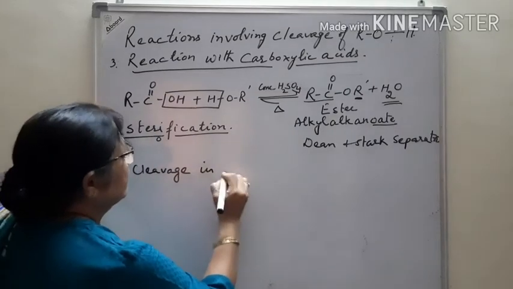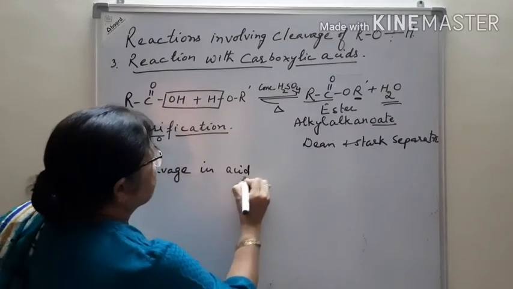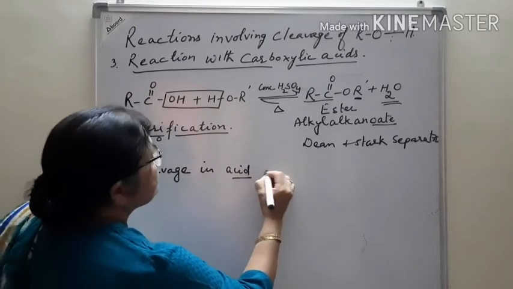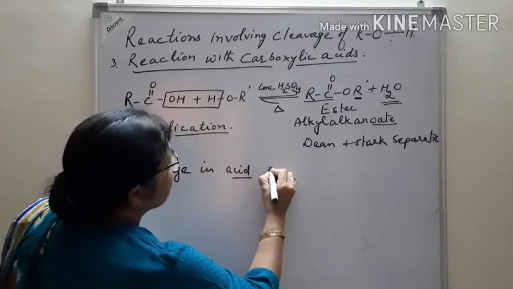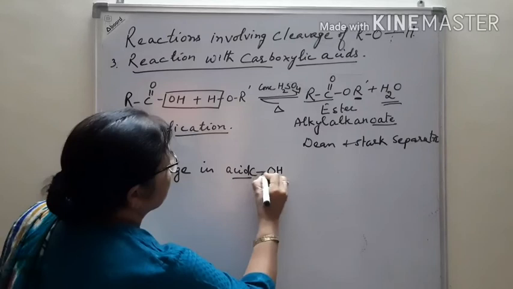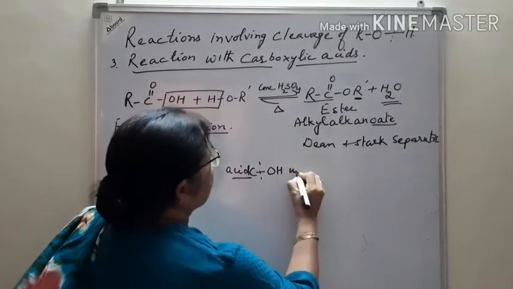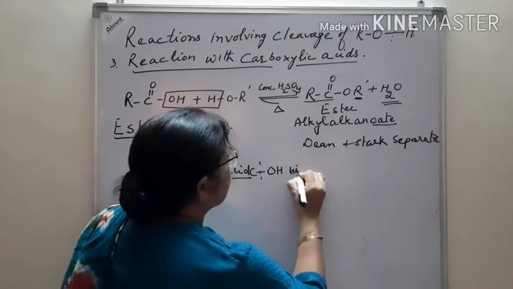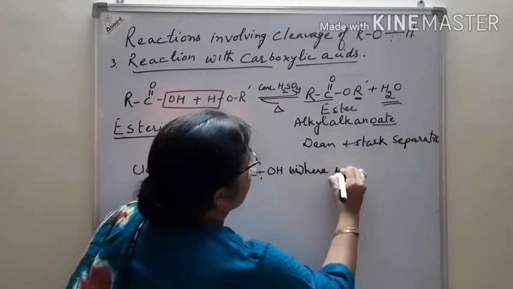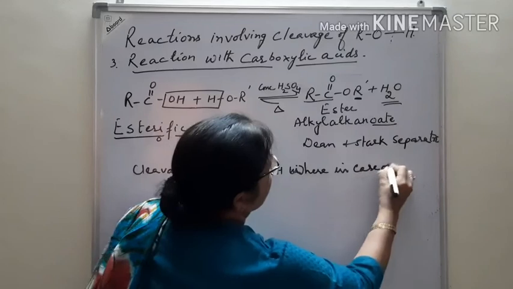In the acid, there is cleavage of the C-OH bond, whereas in the case of alcohol, the O-H bond is cleaved.